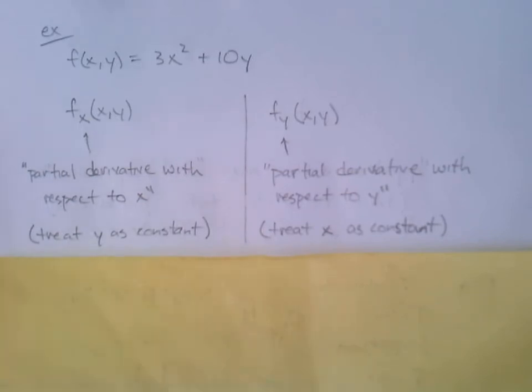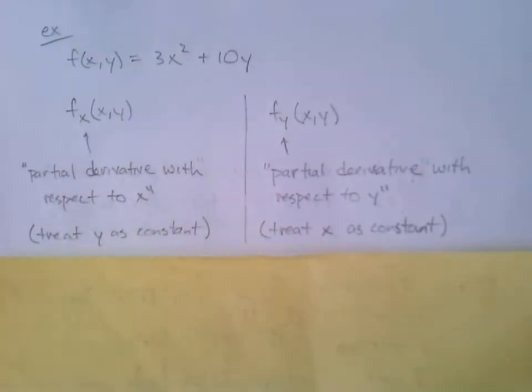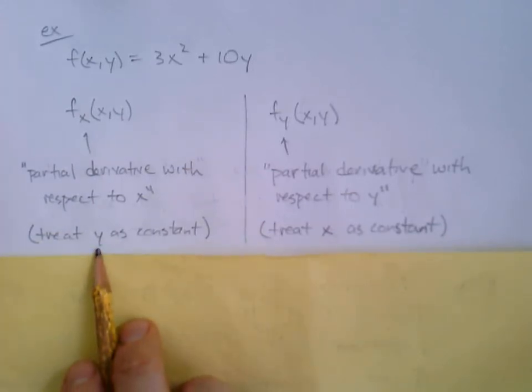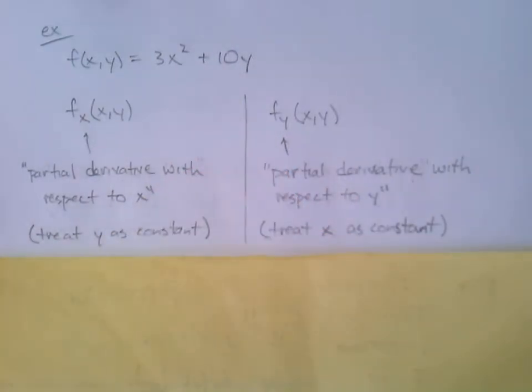Okay, so the derivative, remember, is the instantaneous rate of change. Well, if it's only with respect to x, we're only considering x to be changing, which would mean anything else is just a constant. So even though we're going to see the variable y, like there, we're going to treat it as if it's just any other constant number. Okay, so we'll do that in a moment.